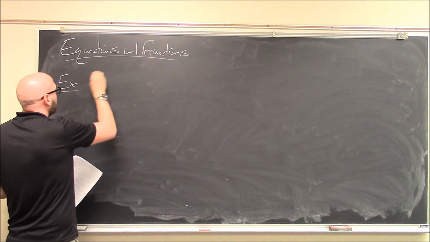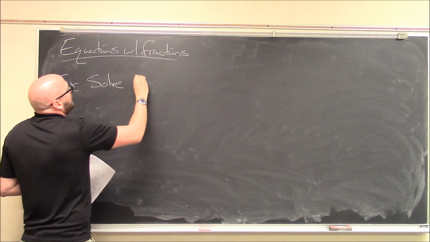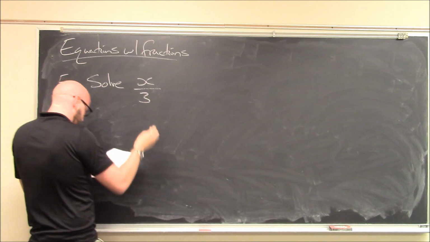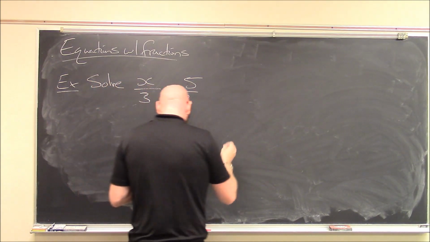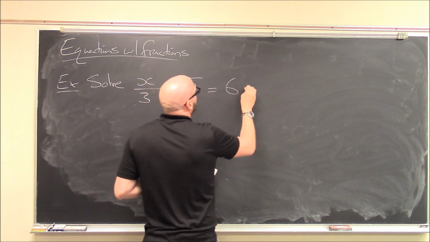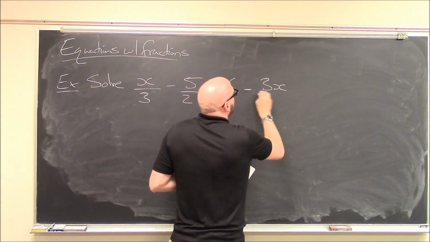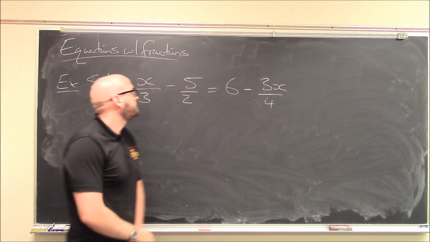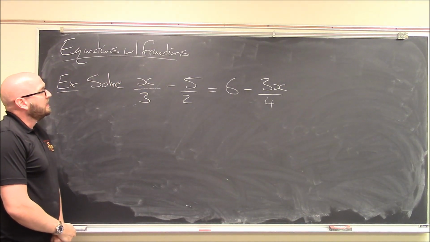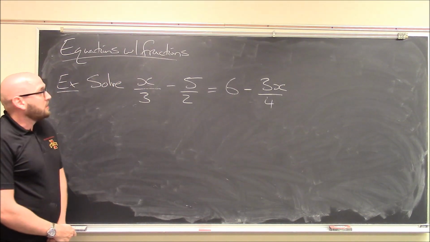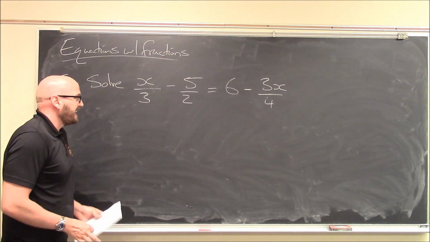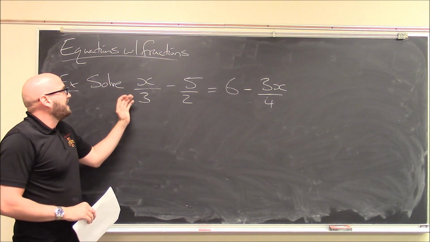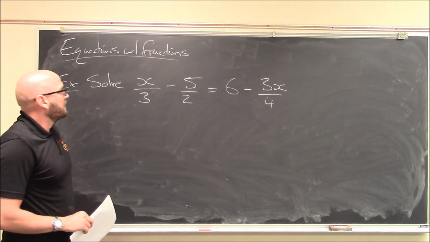Something like solve x over 3 minus 5 halves is equal to 6 minus 3x over 4. Right? This is not a linear equation, though it simplifies to something linear eventually, so it technically is a linear equation. But how do we get it to look like the linear form?